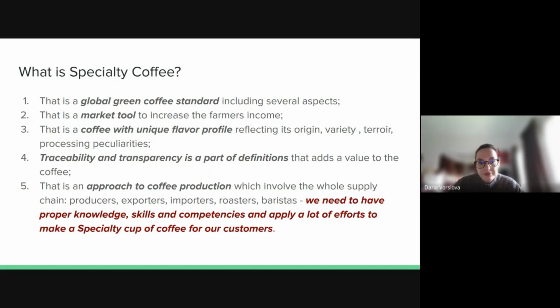And this is what I can see, people around, they just forget about it. They think, okay, specialty is just about the green bean, but it's actually about approach as well. You cannot deliver a high quality specialty product if you don't have it.